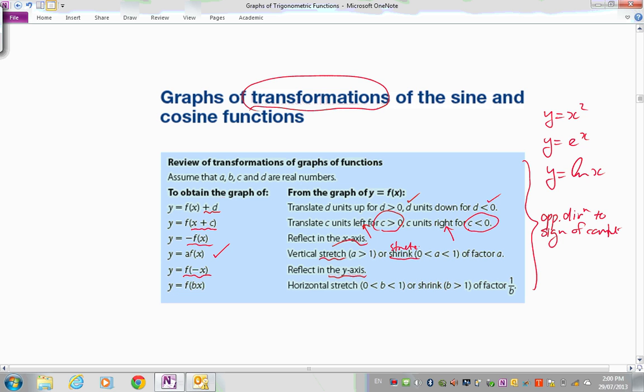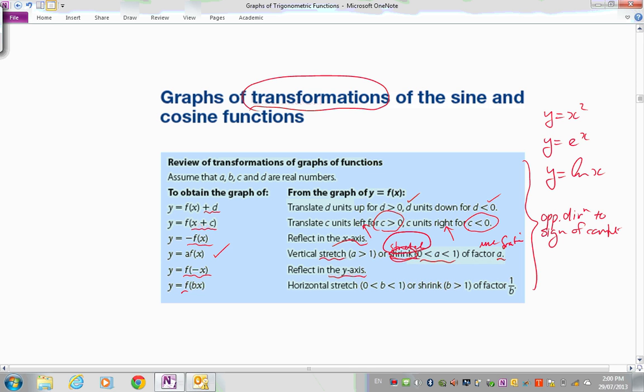It's still a stretch with a scale factor of a, if a is greater than 1. If it's a fraction, it's a stretch of a fractional value. Always use a fraction rather than saying a shrink. It's better to say it's a stretch of 1 on a, a stretch of that fraction.